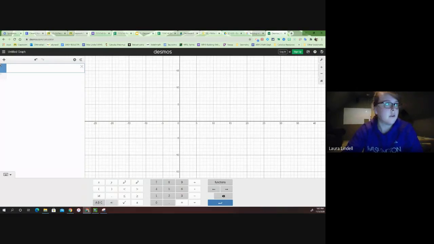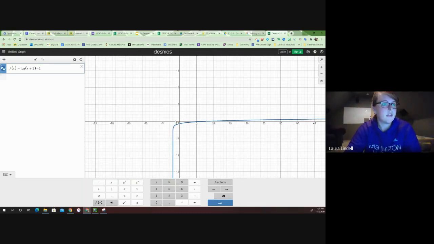Okay, so one of our functions, f of x equals the log of x plus 2 minus 1. Okay, so remember for logs, it's the domain that's a little bit limited because we get this asymptote right here.